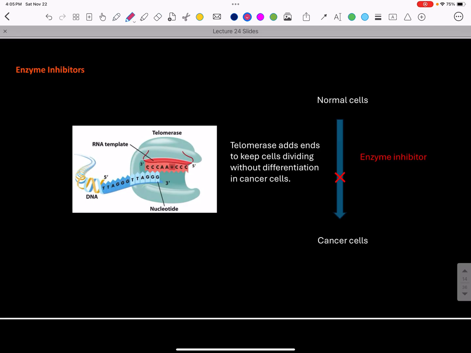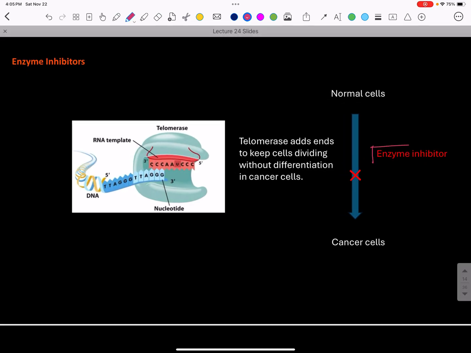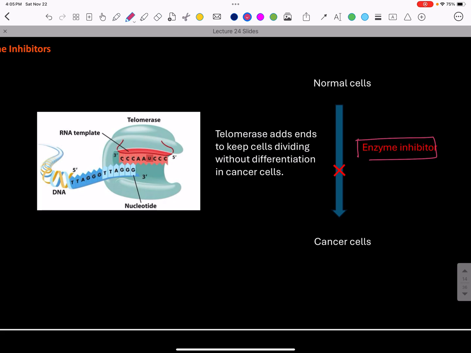So if you were to design an inhibitor that goes and shuts down telomerase, then effectively cancer cells will not be able to multiply and the cancers can start to regress, because there's no more mass collection. Undifferentiated cells are not going to be constantly synthesized. They're going to get stopped.